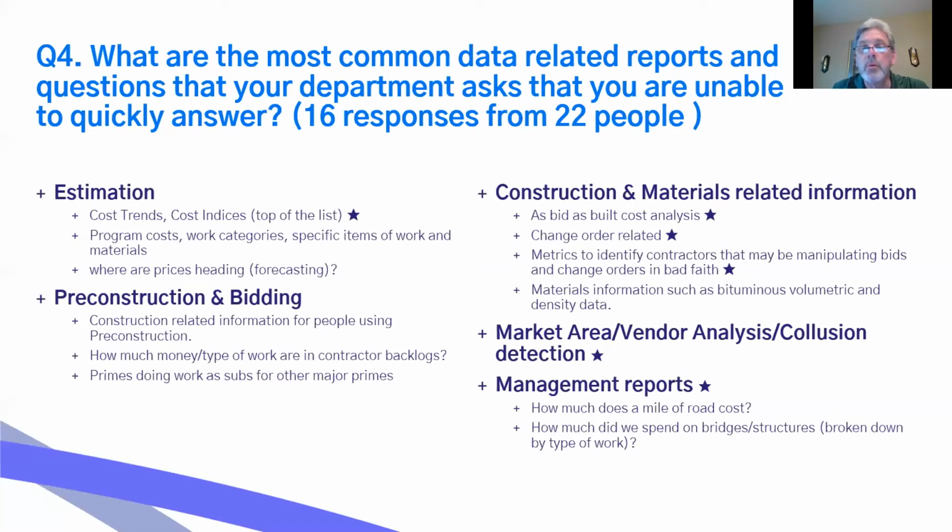If there's one you would like to ask about or discuss, please be prepared to do so during the open discussion. So in the estimation area, it wasn't a big surprise. Cost trends and indices received the most comments. Most everyone does these things, but there are many approaches to arriving at the ultimate conclusion.